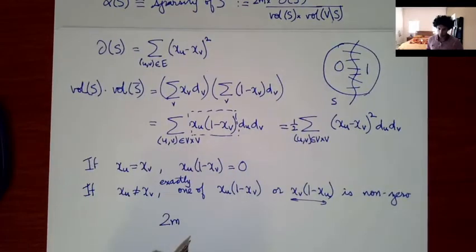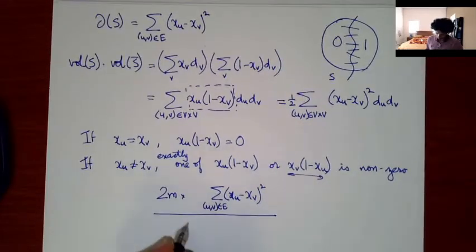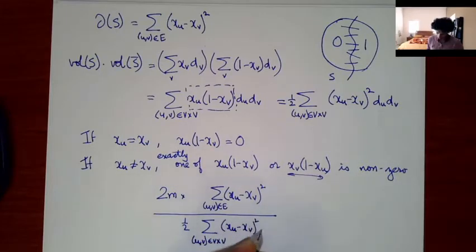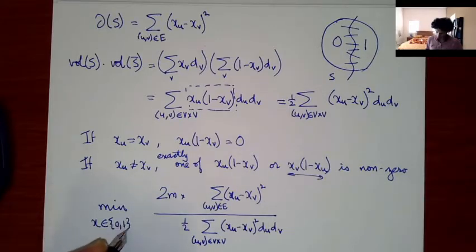2m times the summation of xu minus xv squared over all edges, divided by, so we have a half over here, the summation over all uv in V cross V of xu minus xv squared du dv, and then we can minimize this over all x which are in {0, 1} to the n.